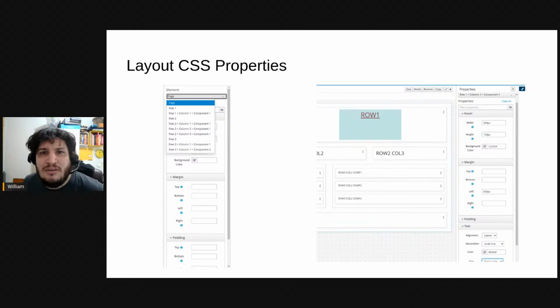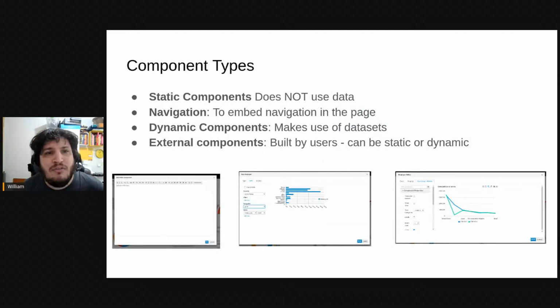Talking about what is inside of this component, we have different kinds of components that can be placed inside the page. So the first one are the static components that make no use of data. For example, HTML, you can place a piece of HTML inside your page and it will not use a dataset at all.